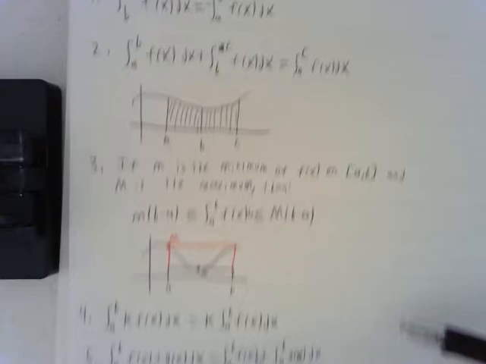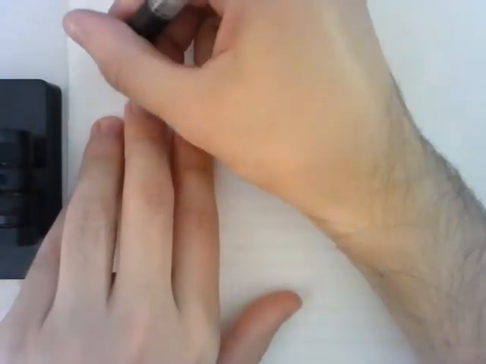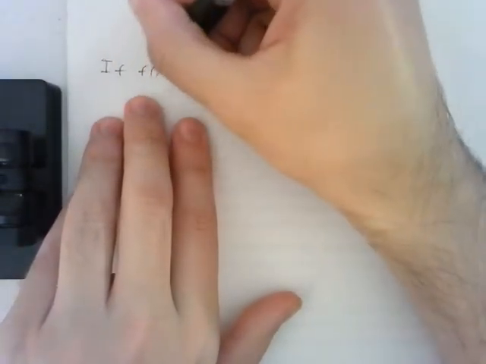Okay, so now I'd like to move on to a couple more useful properties to keep in mind. So the first one is if f of x is an even function.